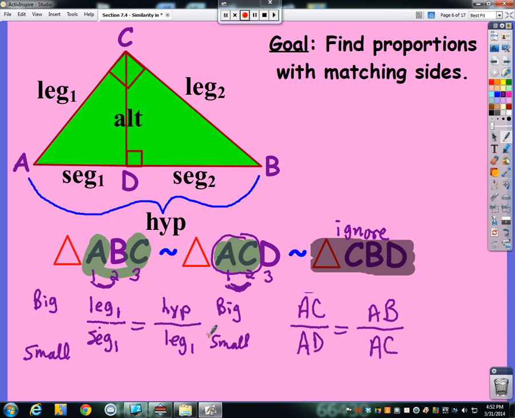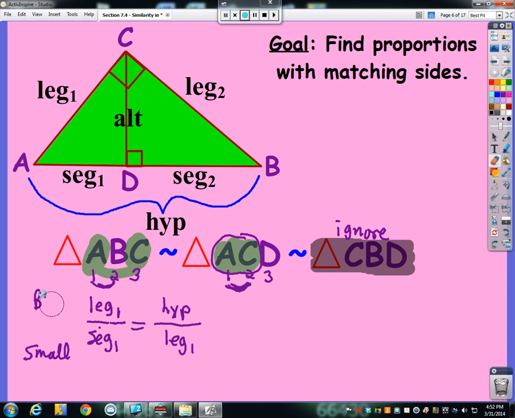Hypotenuse. All right, so now you might ask, well, what are we going to do with this? Good question. The book kind of leaves it in this format. What I do, just to make a nice little formula, is if I had a ratio equal a ratio, a lot of times I would want to cross multiply this.